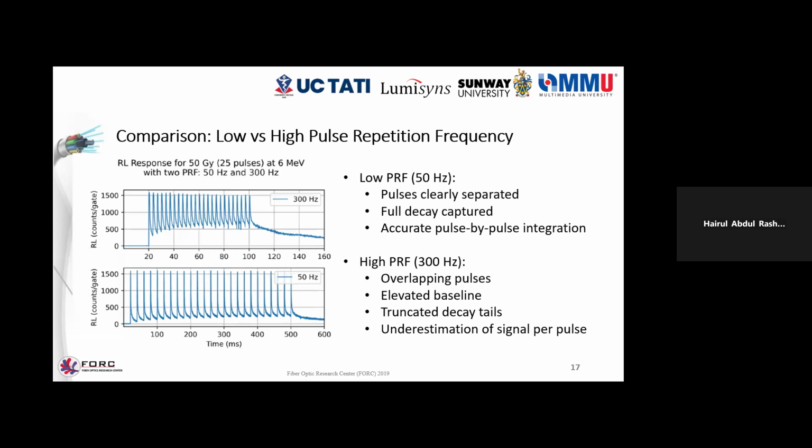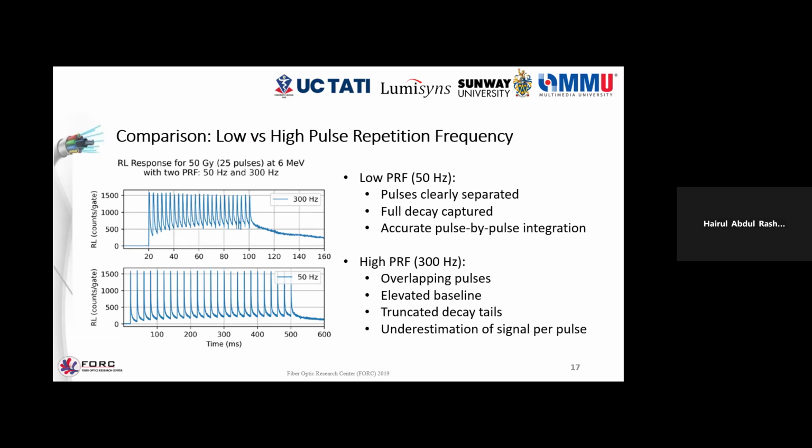If we make a comparison between low and high PRF, we fixed the dose at 50 gray and 6 MeV, with two different PRFs of 50 Hz and 300 Hz. We can see that at 50 Hz PRF the pulses are clearly separated.